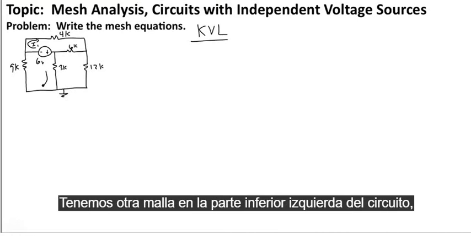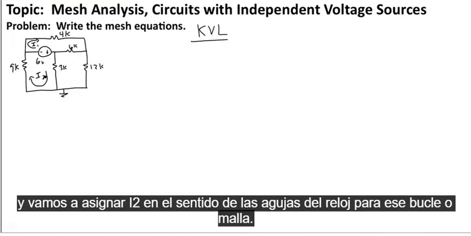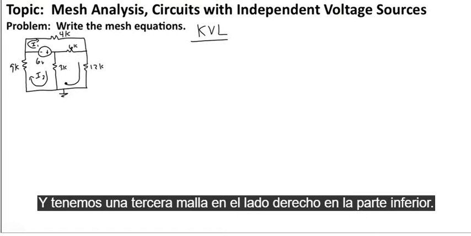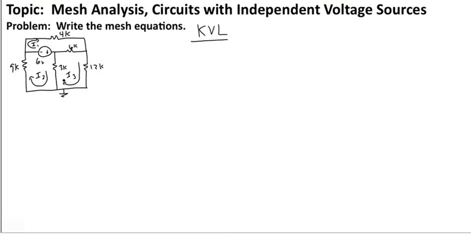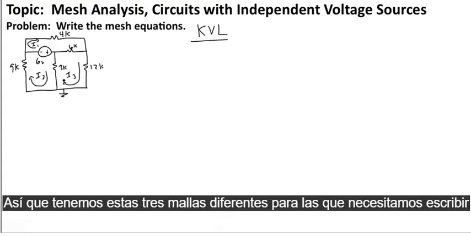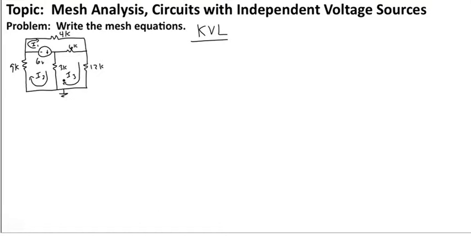We have another mesh in the lower left-hand side of the circuit, and we're going to assign I2 clockwise for that mesh. And we have a third mesh on the right-hand side at the bottom, and we're going to identify a current I3 associated with that mesh. So we have these 3 different meshes that we need to write the mesh equations for.